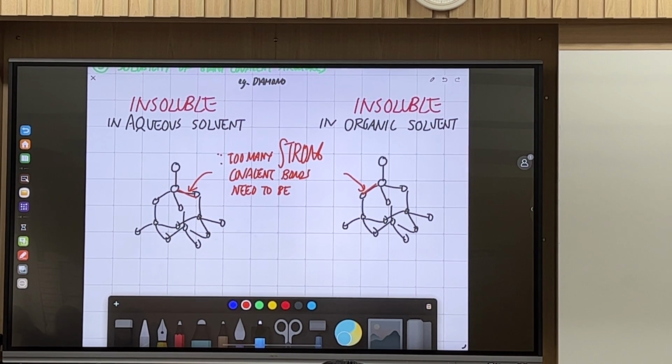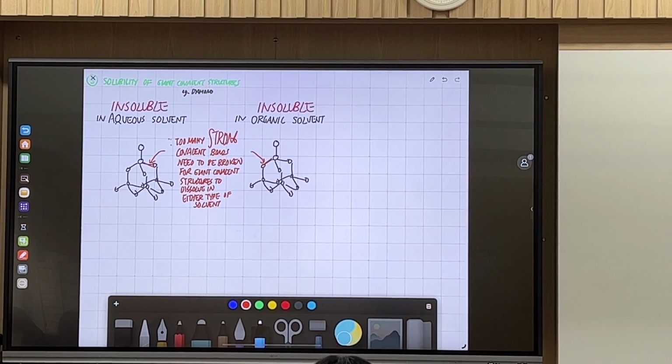It makes the initial cost very high. So for giant covalent structures to dissolve in either type of solvent, these need to be broken. So they will not be soluble in either of these.